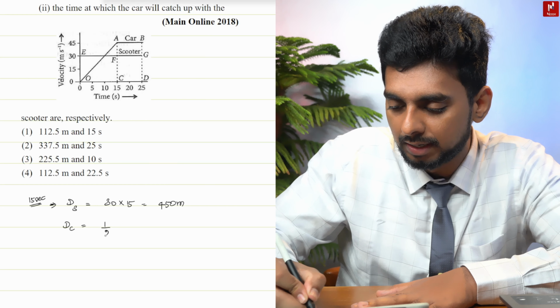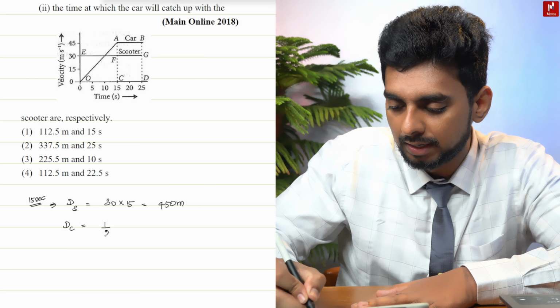As I've already told you, the distance traveled by the scooter will be greater when compared to that of the car, right? That has to be obvious. So here they're just asking us to find the difference, the distance, right? The sign doesn't come into the picture, therefore I'll have to put only the positive answer over there.